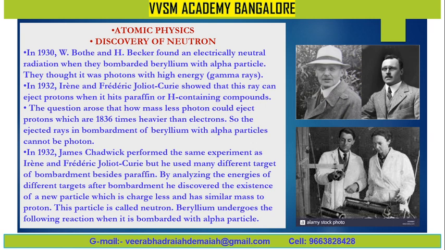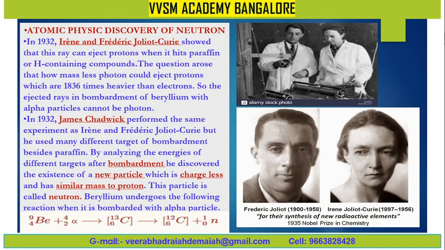In 1932, James Chadwick performed the same experiment as Irene and Frederic Joliot-Curie, but he used many different targets besides paraffin. So these are the two scientists, Irene and Frederic Joliot-Curie, working in their laboratory.